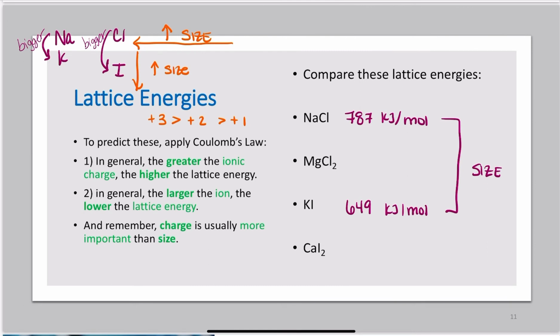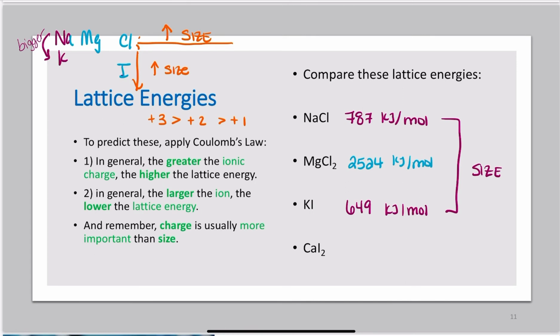If I look at MgCl2, the difference between NaCl and MgCl2: Mg is next to sodium, and then I'm looking at, again, chloride. MgCl2 has a lattice energy of 2,524 kilojoules per mole.